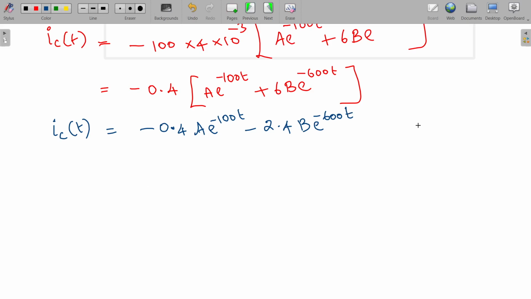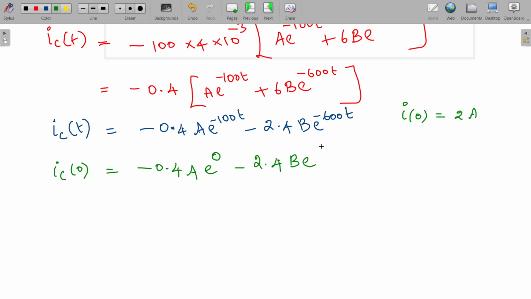So we know that I of 0 is equal to 2 amps. If you put IC of 0, then that is equal to minus 0.4 A into e power 0, because when you substitute 0 for t, minus 2.4 into B into e power 0, and we know that e power 0 is equal to 1. Anything to the power 0 is 1.